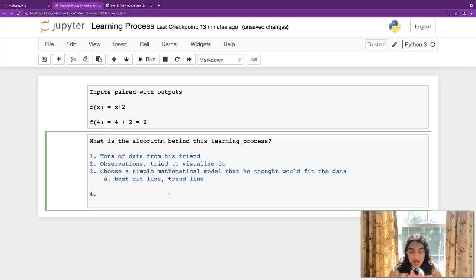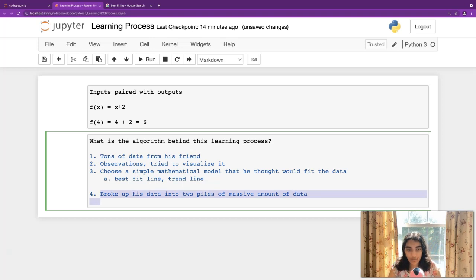And what did he do next? Well, he has some data, and he has a way to represent that somehow. So now he took his massive amount of data and broke it up into two parts.